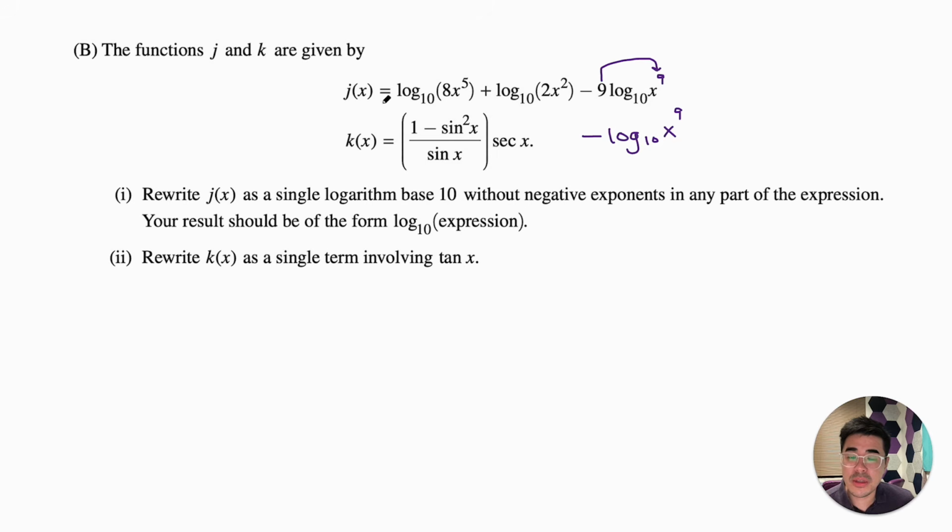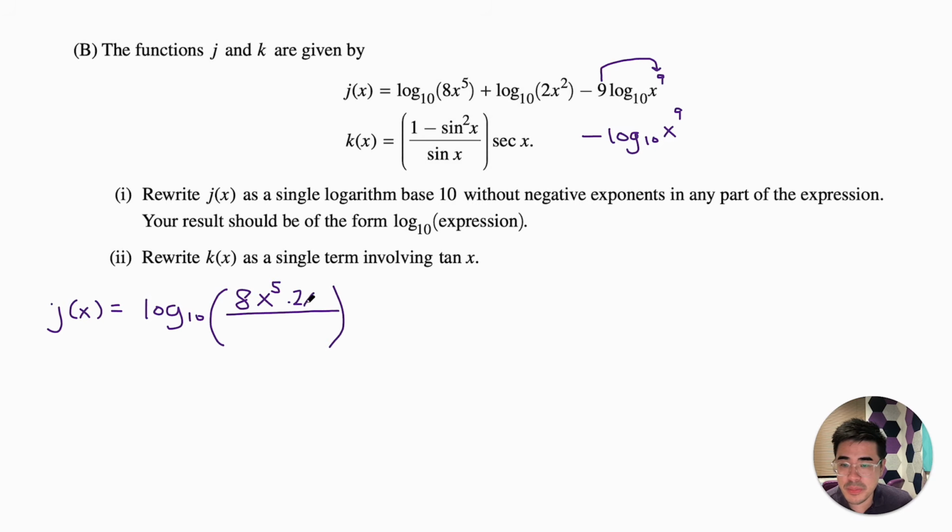Now the rule with addition in logs is if you add the two logs, you can combine them into a product, and then minusing makes it into a quotient. So if I wanted to rewrite j of x, it would be log base 10. Anything with a plus goes in the numerator as the product, so 8x to the 5th times 2x squared. And then anything with the minus goes into the denominator. So now we want to simplify as much as we can, so 8 times 2 is equal to 16.